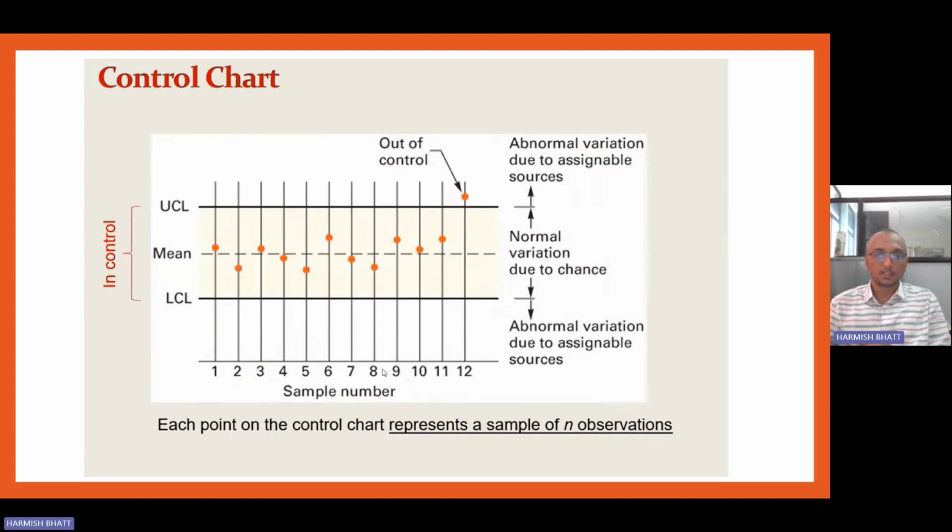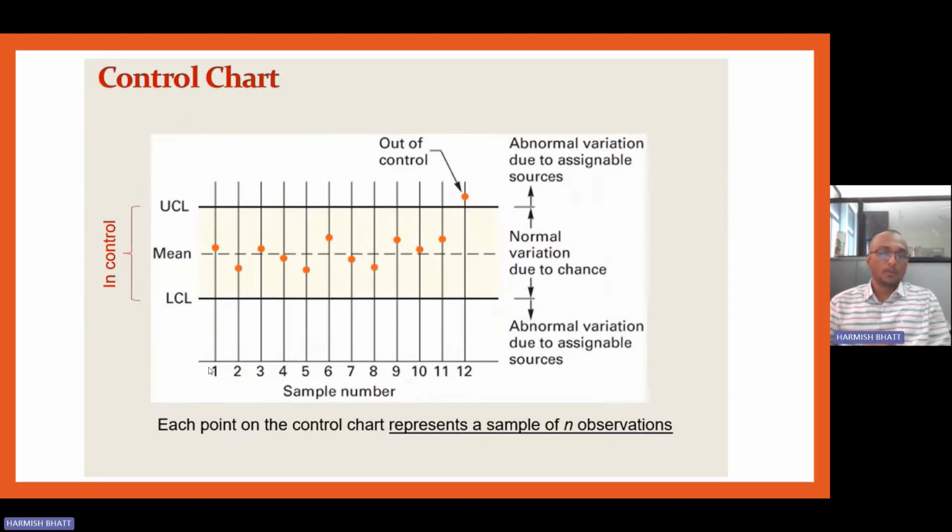On the x-axis, the sample numbers will be taken, and the sample number will be denoted with small k, while the number of items in each sample will be denoted with small n.